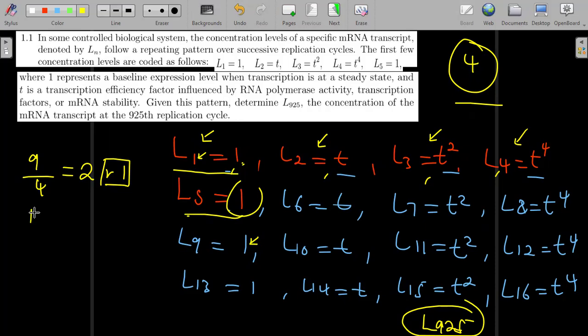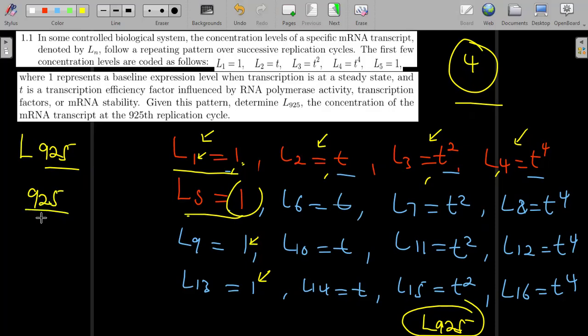What about 13? It will be 13 over 4. This will give me 3, remainder 1. So this remainder is the one that they put there. So if I want to find L925, what I have to do is get this number, 925, divide it by 4, and then we are going to get its remainder.